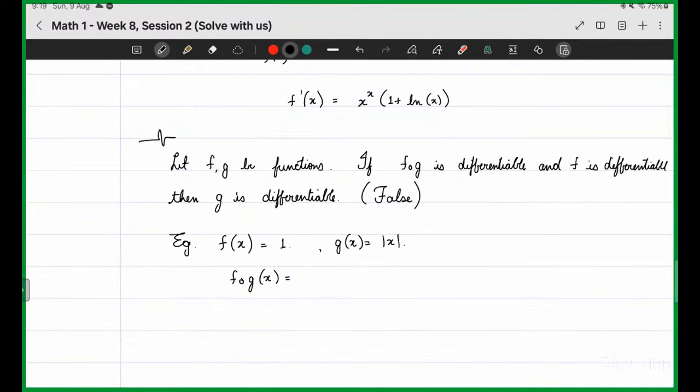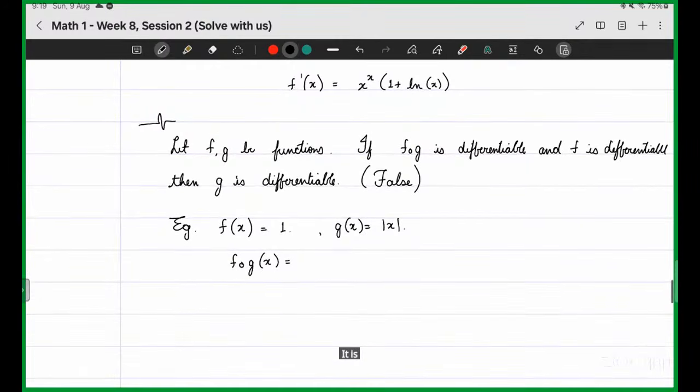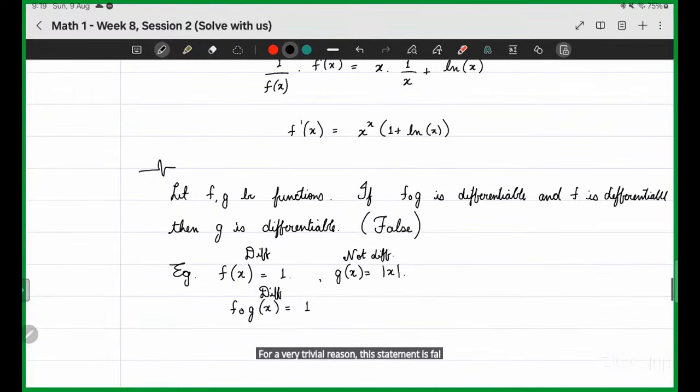If it is a constant function, it is 1 only. Right? So this is differentiable, f is differentiable, but g is not. So, for a very trivial reason, this statement is false.